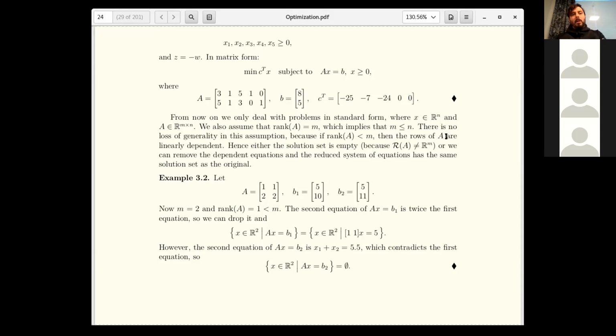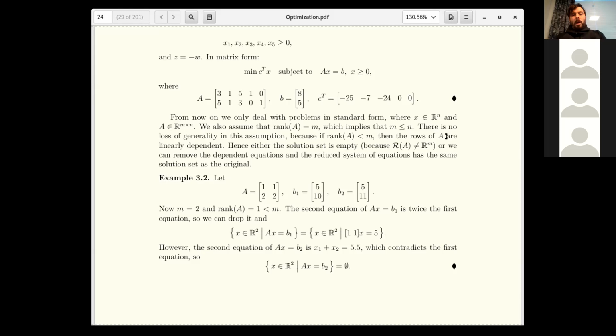Here's an example. This is an example of a matrix that has deficient rank. It has 2 rows, but it's actually singular, meaning that the rows or columns are linearly dependent. In this case, the rows are linearly dependent. The second one is 2 times the first one.